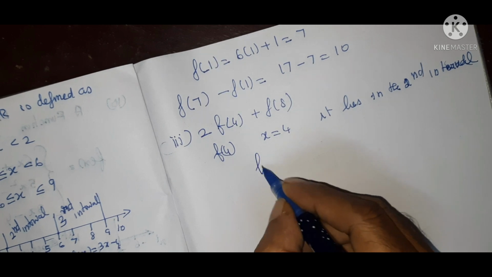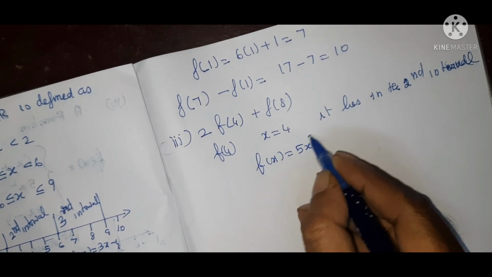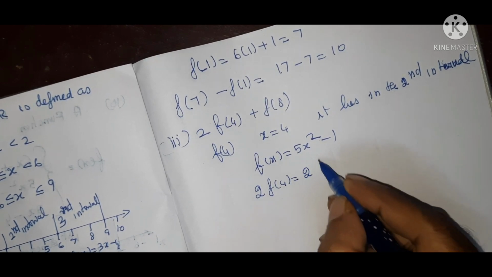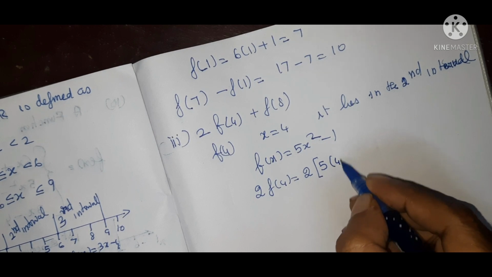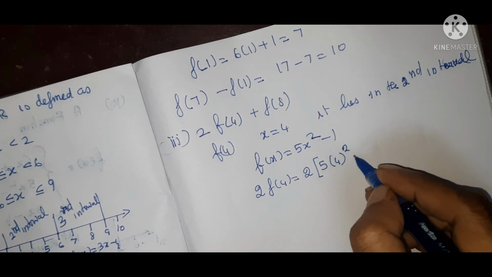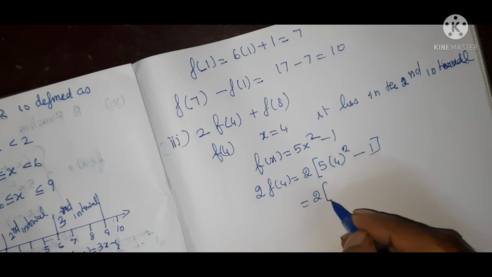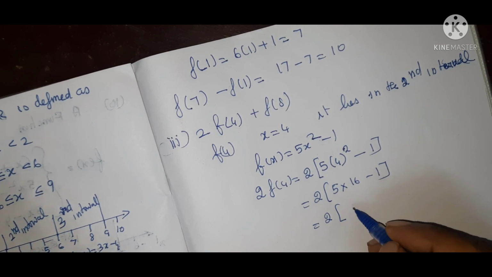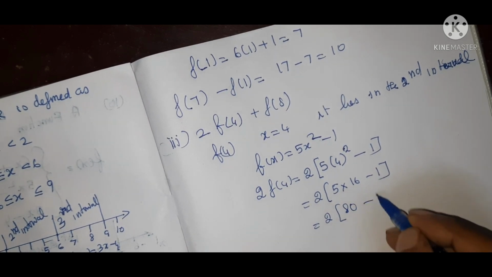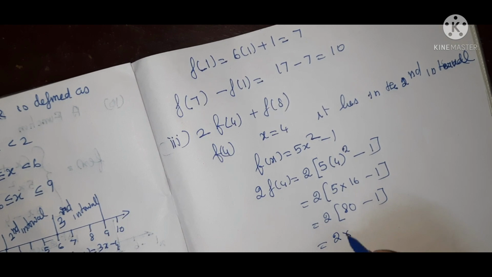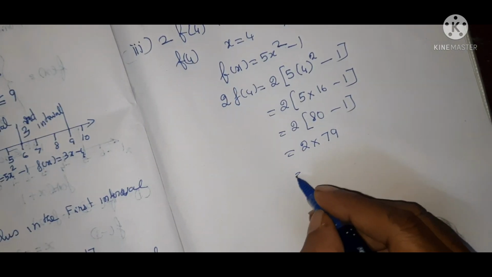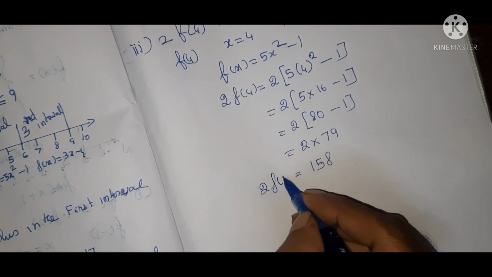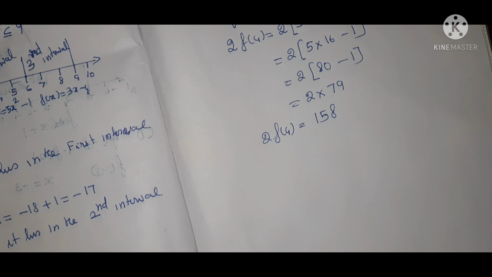Second interval function f of x is equal to 5x square minus 1. 2 into f of 4, 2 into 5 into 4 square minus 1, 2 into 5 into 16 minus 1, 2 into 80 minus 1, 2 into 79, 158. 2 into f of 4 is 158.